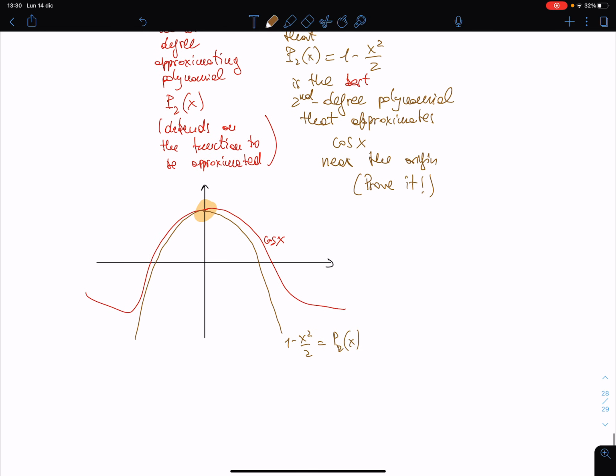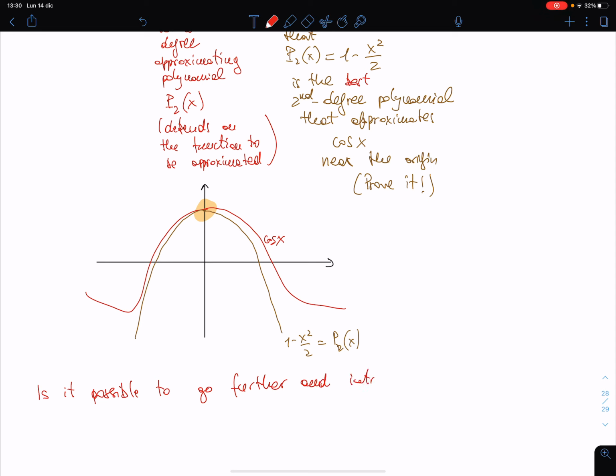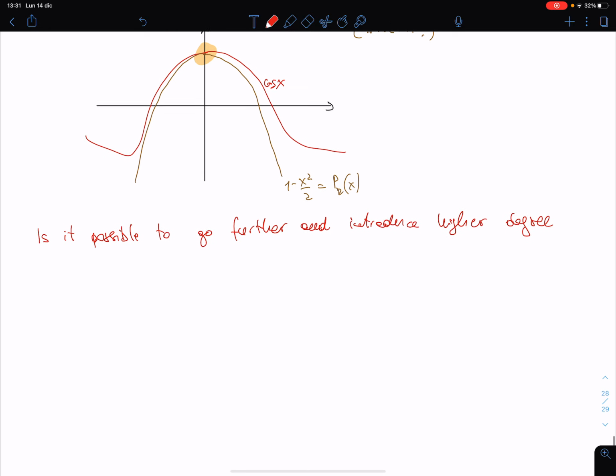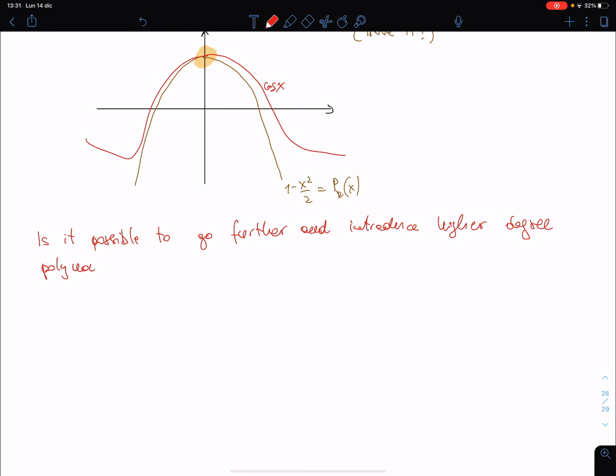Now, the other question is, is it possible to go farther and introduce higher degree polynomials to provide better approximations, again locally, in the local sense, to functions.